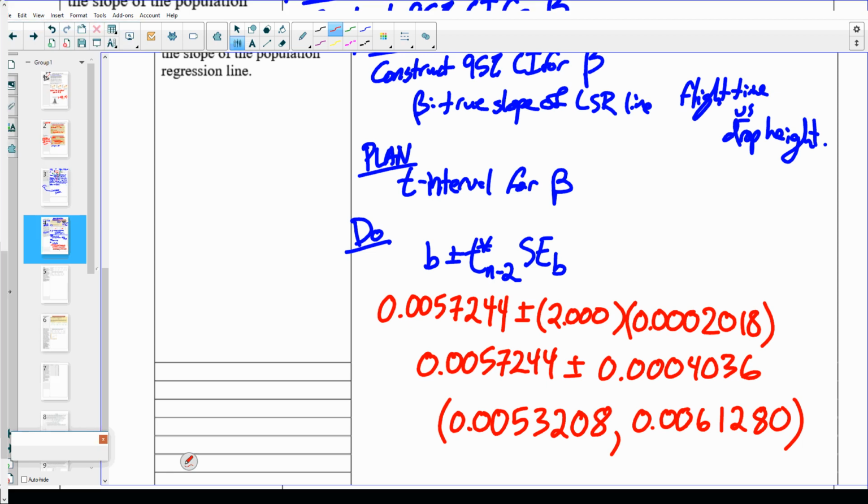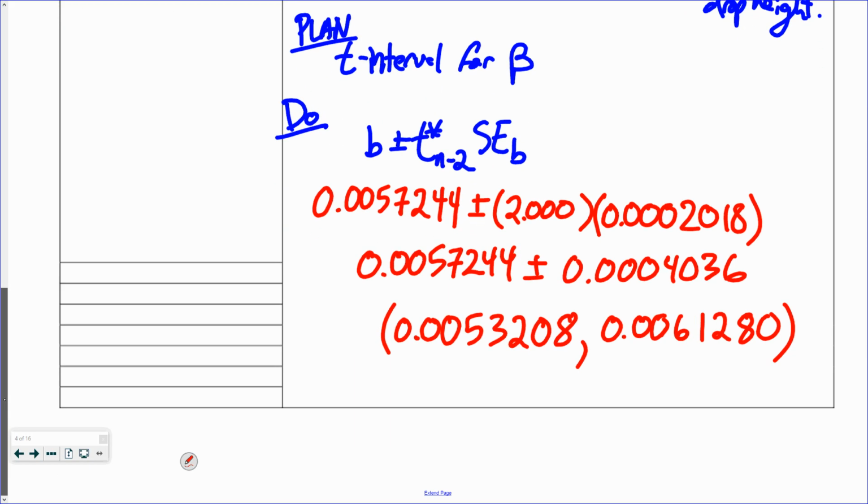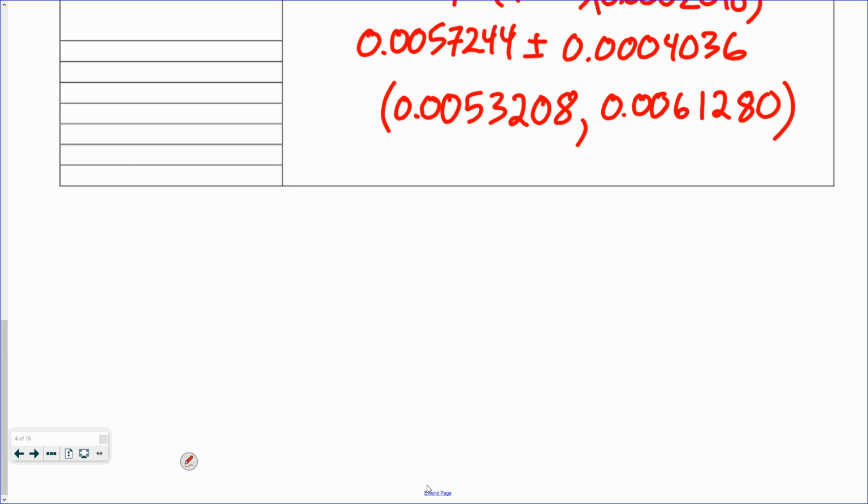Let's go back to full screen. So we've done that. All we need to do from there, assuming that I did my algebra correctly, is conclude.